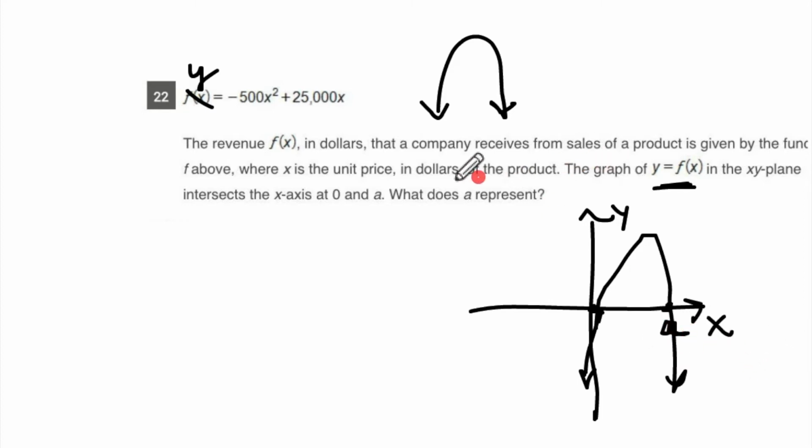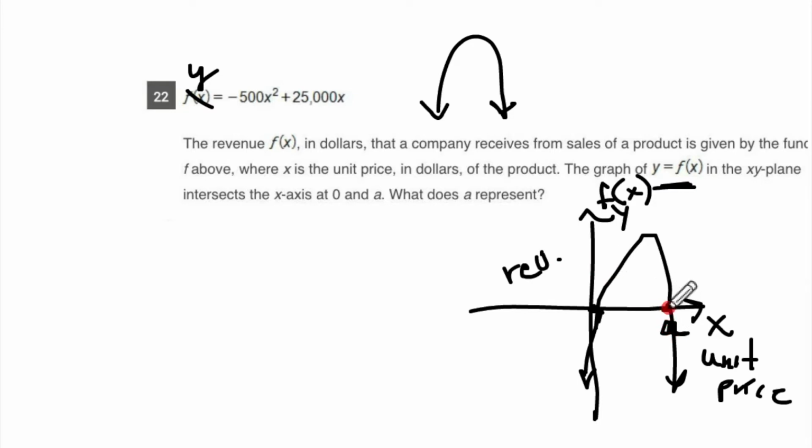Let's see what else they tell us. x is the unit price. So this is the unit price. So you can label your graphs, and it tells you that the revenue is f of x. Now remember, y is f of x. So this line is going to be your revenue, how much money you make.